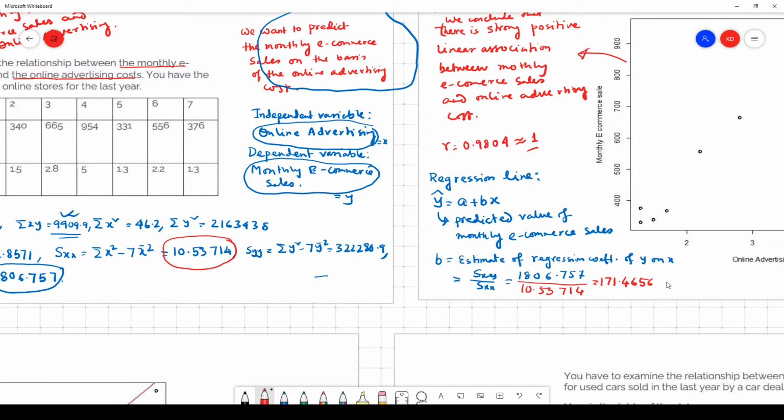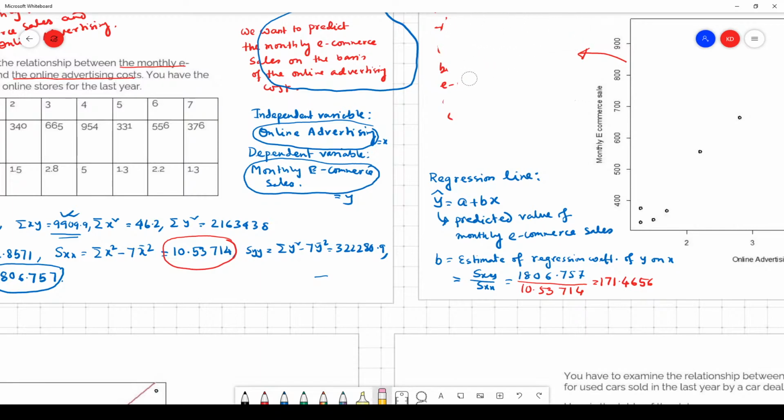And a is equal to the estimate of the y-intercept, equal to y bar minus b x bar.